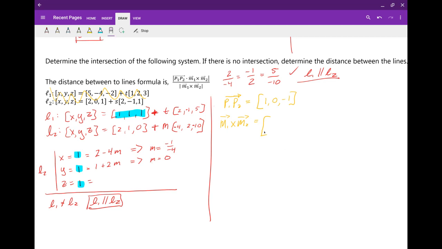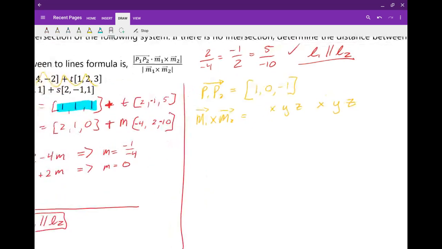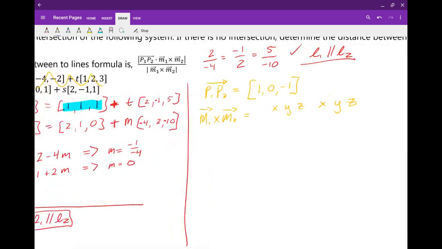I'll do it with my x's, y's, and z's. So that's x, y, z, x, y, z. I'm looking right here at my slopes. So it's 2, 1, 5, 2, negative 1, 5, 2, negative 1, 5.